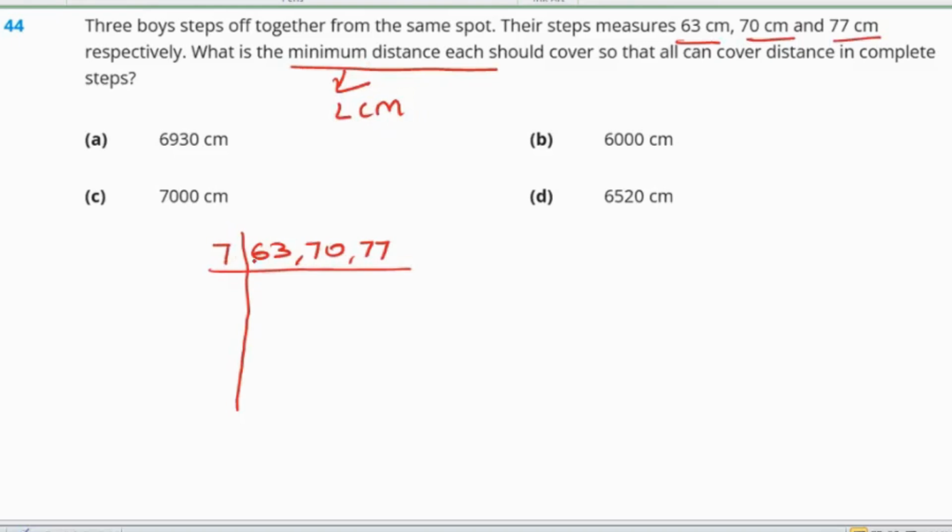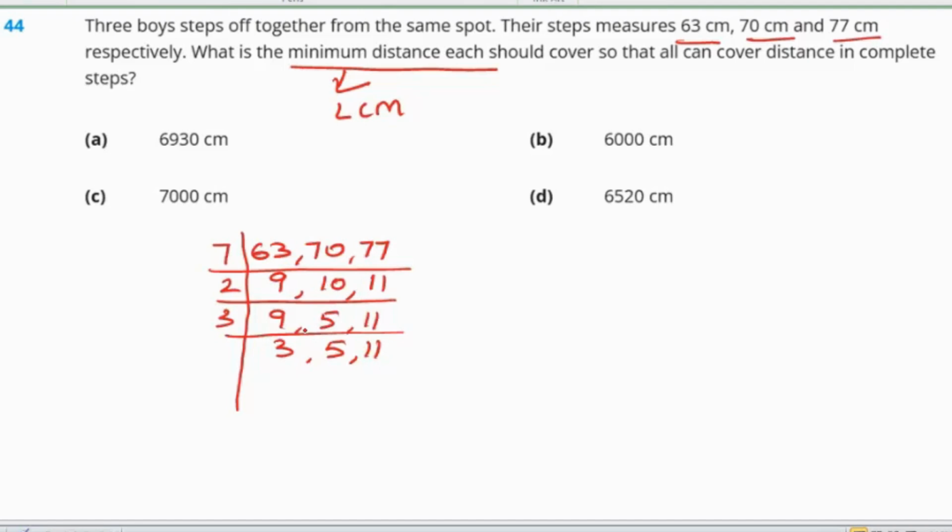So clearly we can divide all the three numbers by 7. 7 9s are 63, 7 times 10 and 11. Now we will divide by 2, so this becomes 9, 5, 11. Then we can divide it by 3, so 3, 5, and 11. Now we can see all are prime numbers.